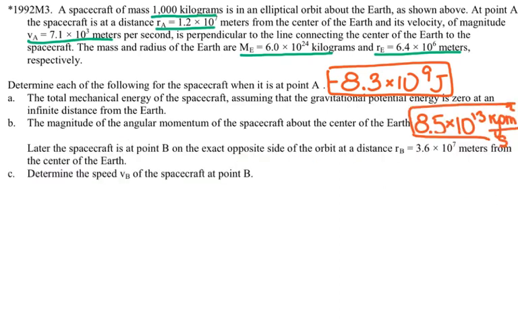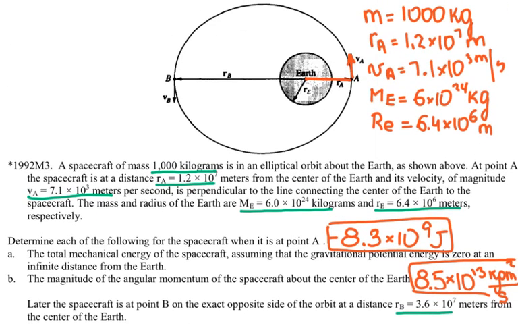Later, the spacecraft is at point B on the exact opposite side of the orbit at the distance RB meters from the center of the Earth. Determine the speed VB of the spacecraft at point B. So you have some potential energy and some kinetic energy here. You have the total mechanical energy that we calculated. So this is the total mechanical energy of the system.